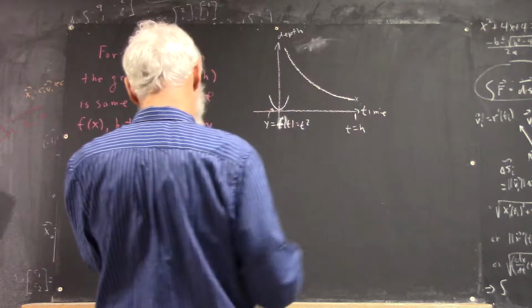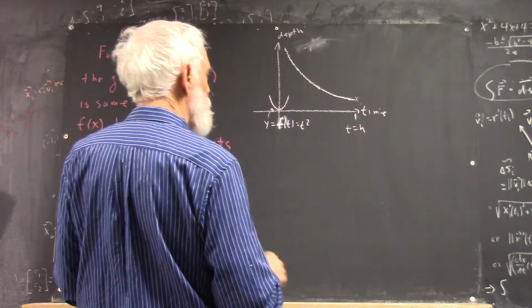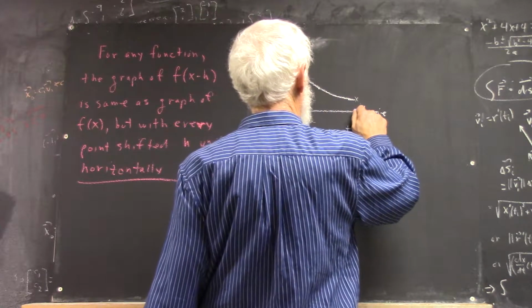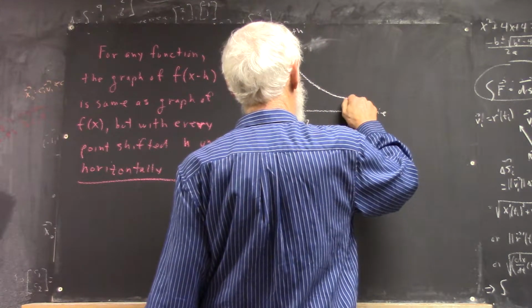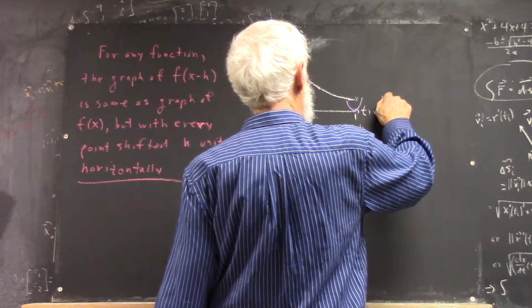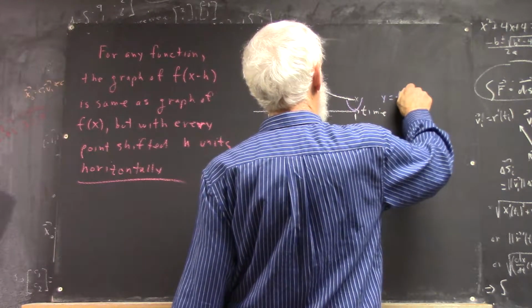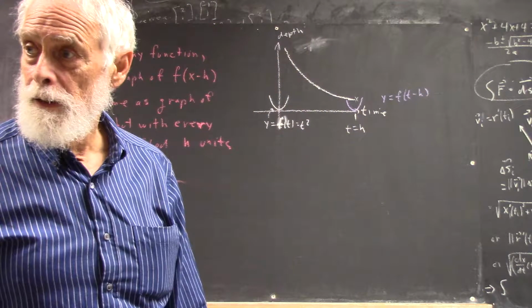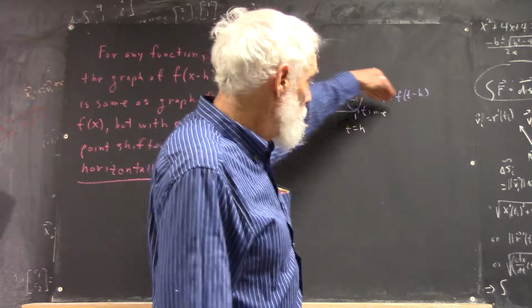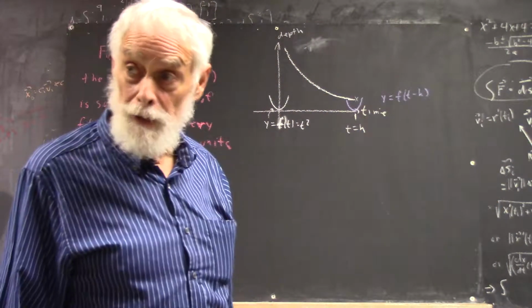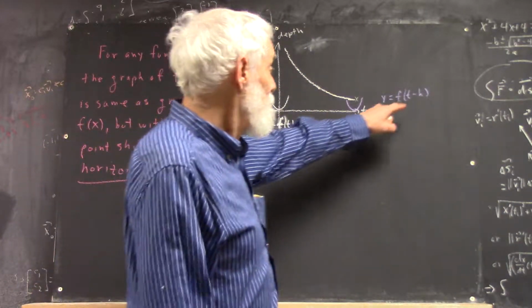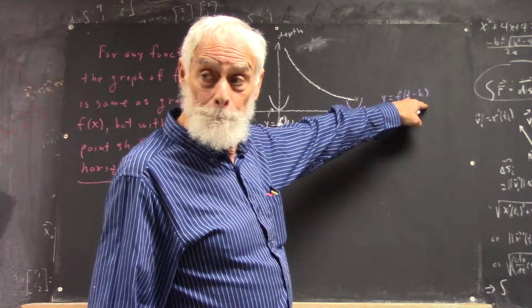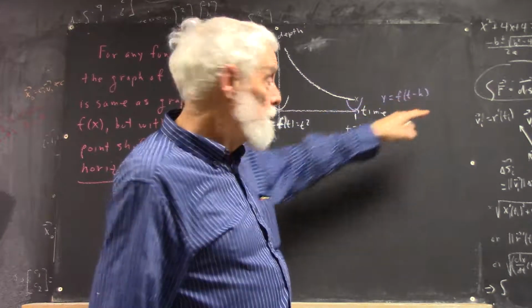That's this graph. We're going to take that graph and we're going to shift it over to here. And this is y equals f of t minus h, whatever h happens to be. If we find that this curve should be leveling off at h equals 120 seconds, then this would be t minus 120, if t is measured in seconds, okay? And we've just seen how to do that.